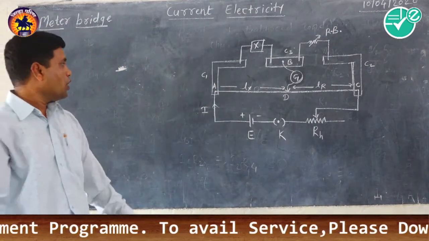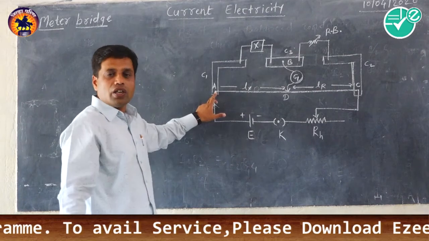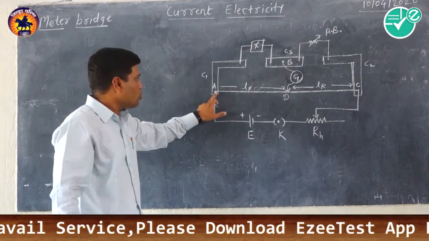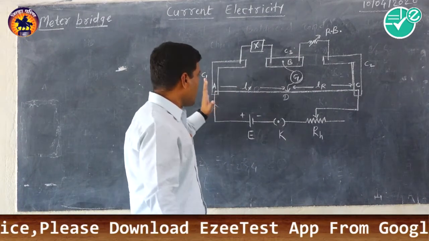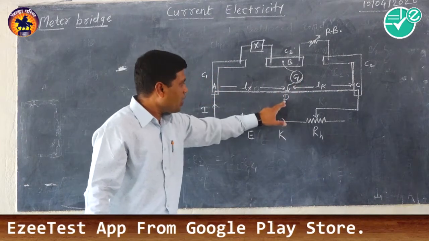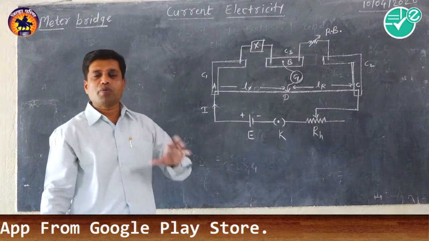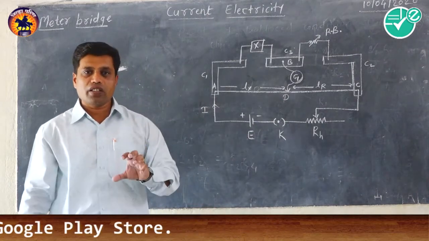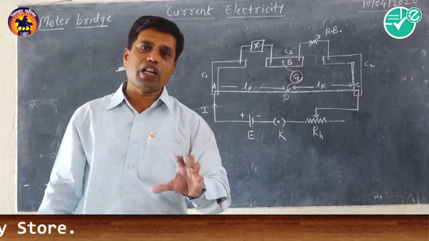Once again I will repeat. You started sliding the jockey from point A towards point C, and at a certain point D you observe that the galvanometer shows deflection equal to zero, meaning null deflection.